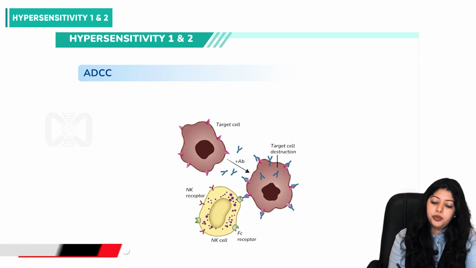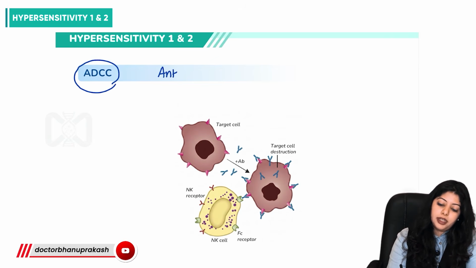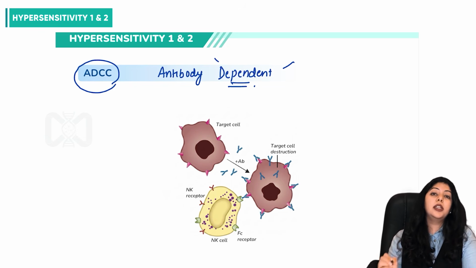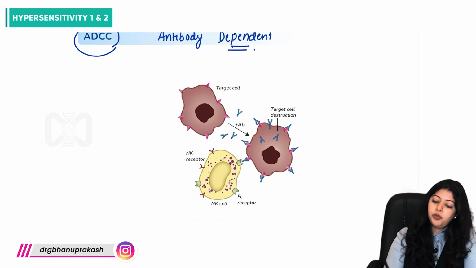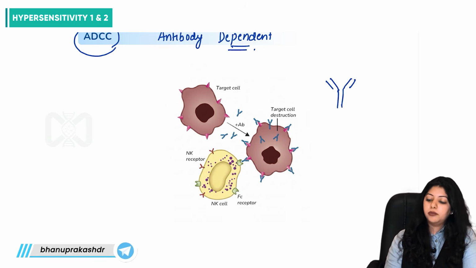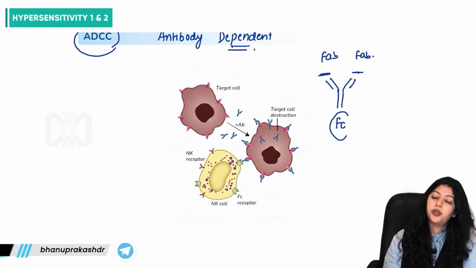Now let us come to the second mechanism, which is antibody dependent cellular cytotoxicity. So what do we understand by this? These are dependent on the antibodies for further destruction. Suppose we are already aware that the antibody has two parts, the FAB sites and the FC portion of the antibody.